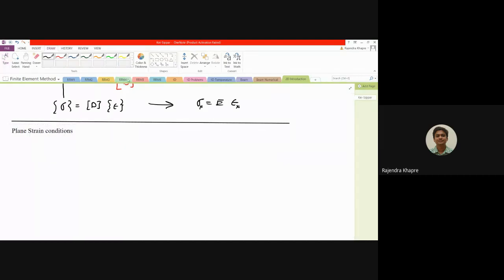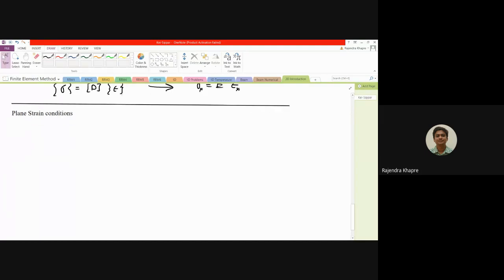A plane strain condition is a condition wherein the third dimension, as compared to the other two dimensions, is very, very large. It is exactly the reverse of the plane stress condition.